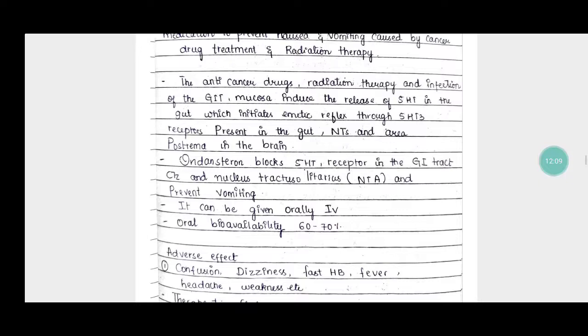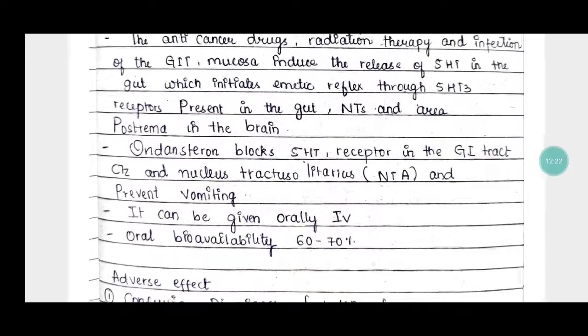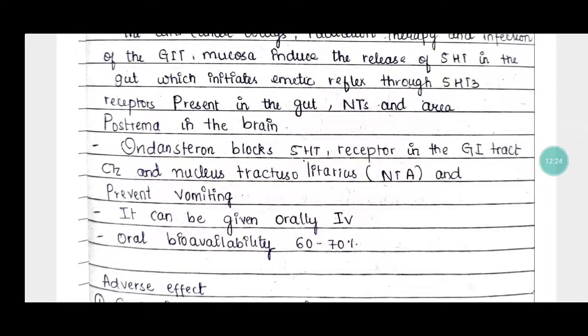So the anti-cancer drugs, radiation therapy and infection of the GIT mucosa induce the release of 5-HT in the gut, which initiates the emetic reflex through the 5-HT3 receptor, which is present in the gut, NTS and area postrema in the brain.